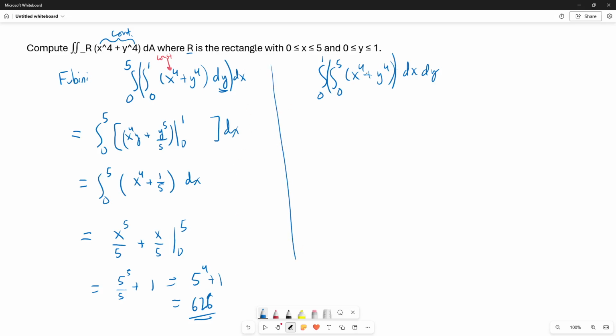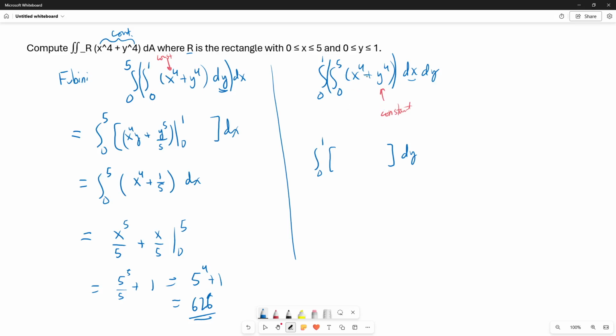Okay, now let's try it in the other order. So with respect to x first, so that means we're thinking of the y as being a constant. And that means that we have integral 0 to 1 of, and then we'll have an integral with respect to x here that we're going to compute.